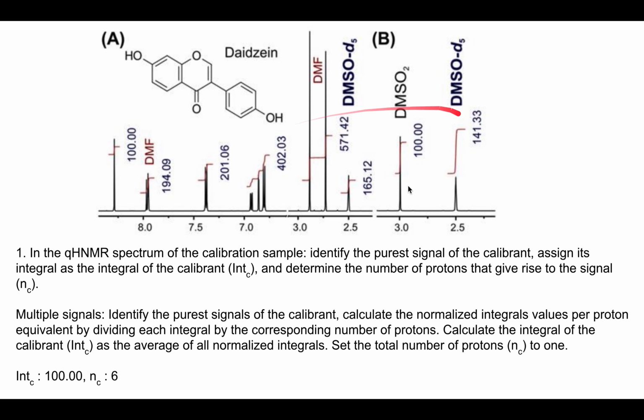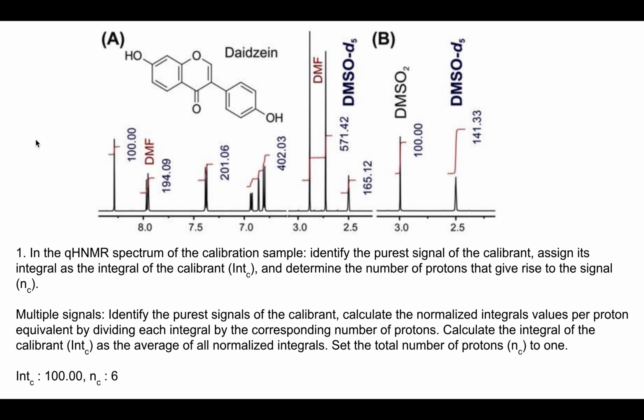So here we have our brand new spectrum, and similar to the external calibrant method, we have two of them. We have spectrum A and spectrum B. So step number 1 says in the qHNMR spectrum of the calibration sample, identify the purest signal of the calibrant, assign its integral as the integral of the calibrant, and determine the number of protons that give rise to the signal.